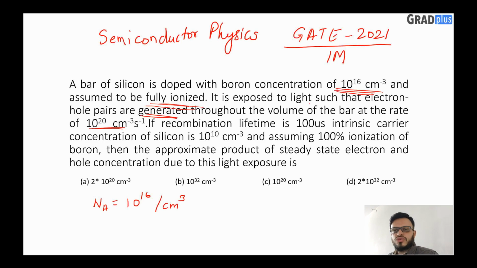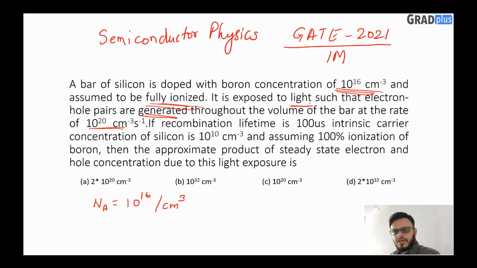What is the energy source? This question is telling us the energy source is light. We are exposing the semiconductor to light. Because of that light, the electrons in the valence band are getting some energy. They are breaking the bonds and moving to the conduction band, and a hole remains in the valence band. So that is how the electron hole pairs are getting generated. At what rate?